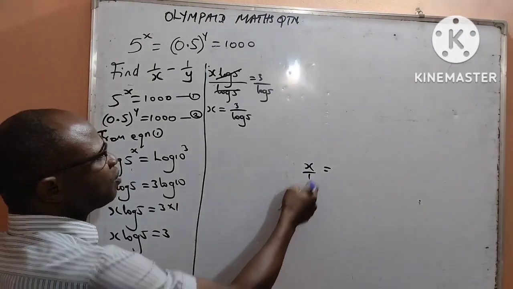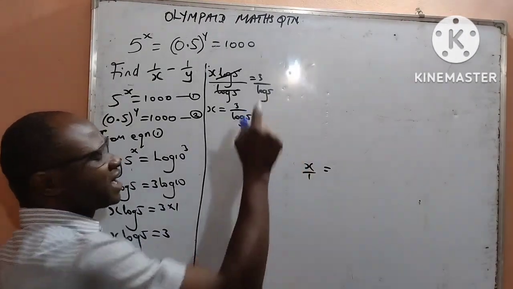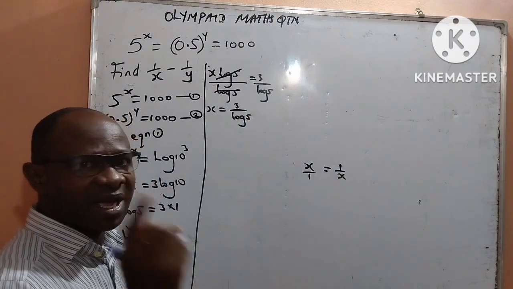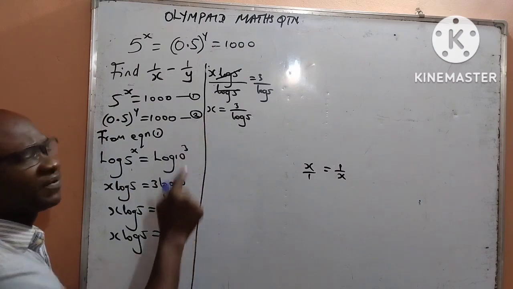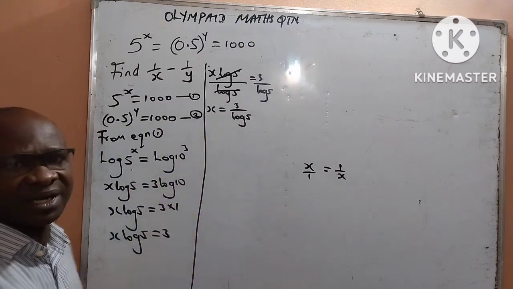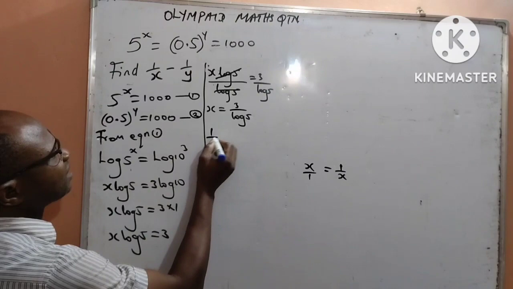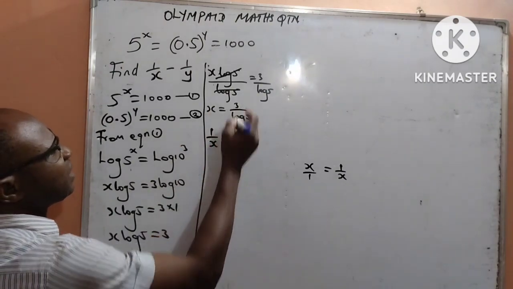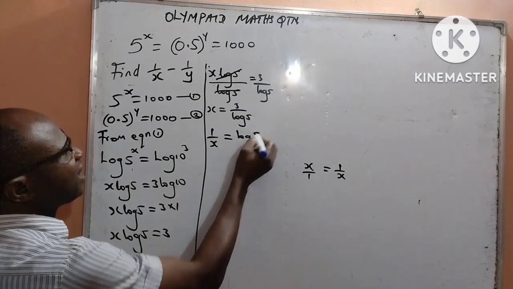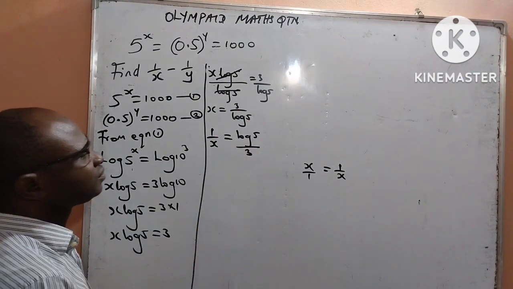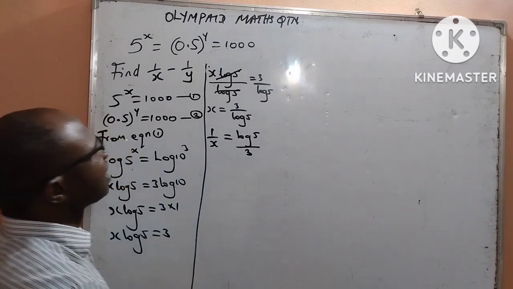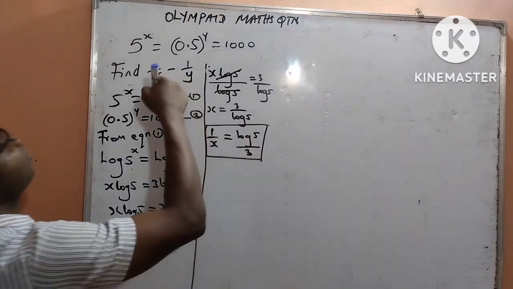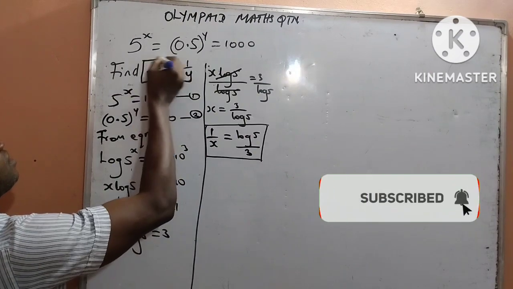That means I will move 1 to the numerator and move x to the denominator so that it becomes 1 all over x. And if I do it to the left hand side, I will also do it to the right hand side. Now I can write my x as 1 all over x, and from the right hand side I will flip it to get log 5 all over 3. This now has given me my 1 all over x here.